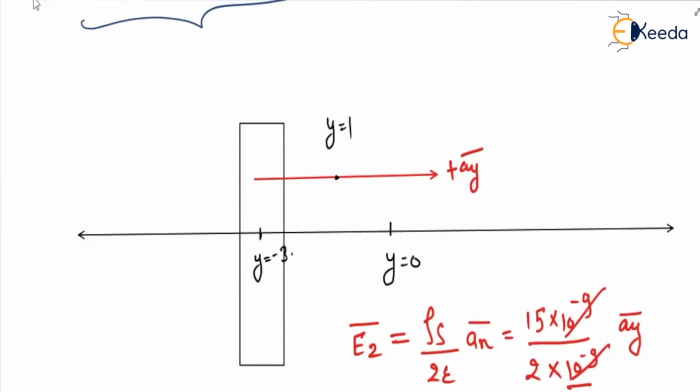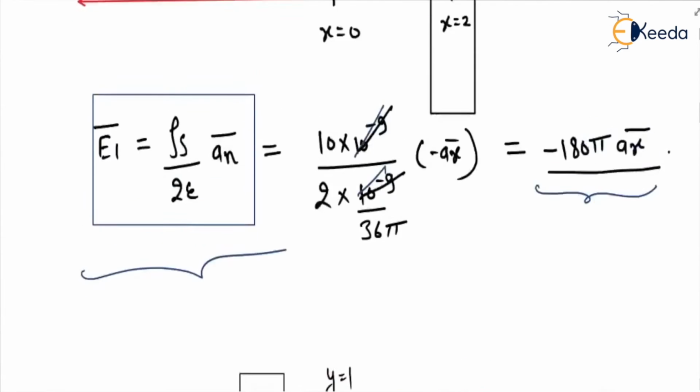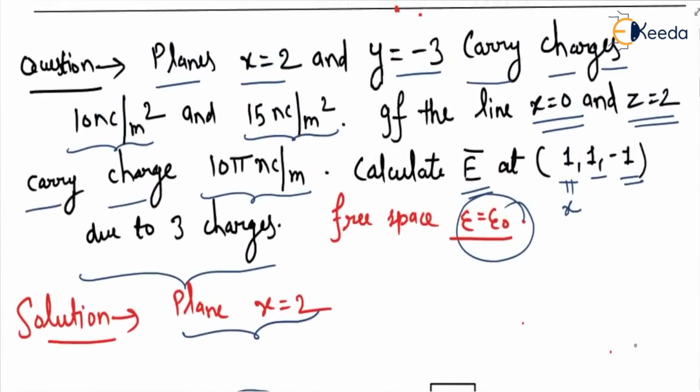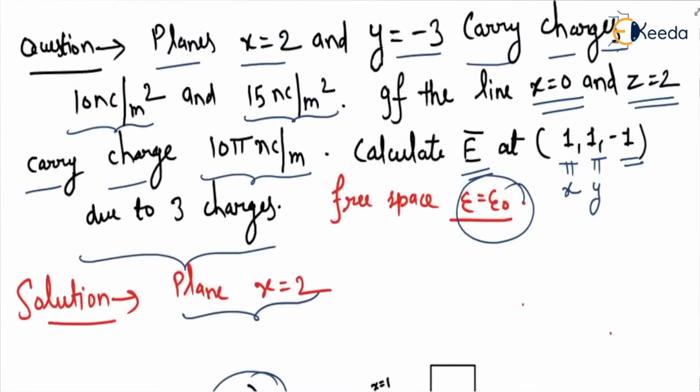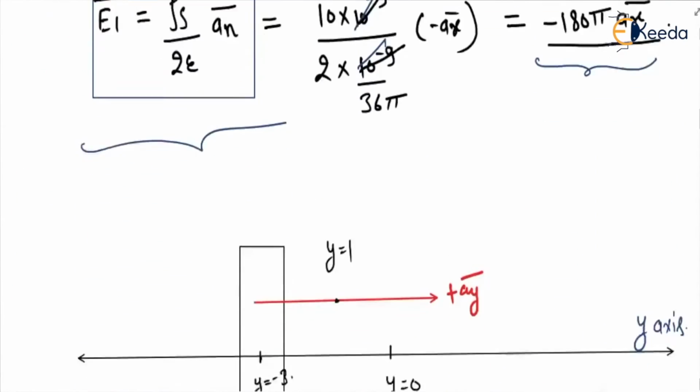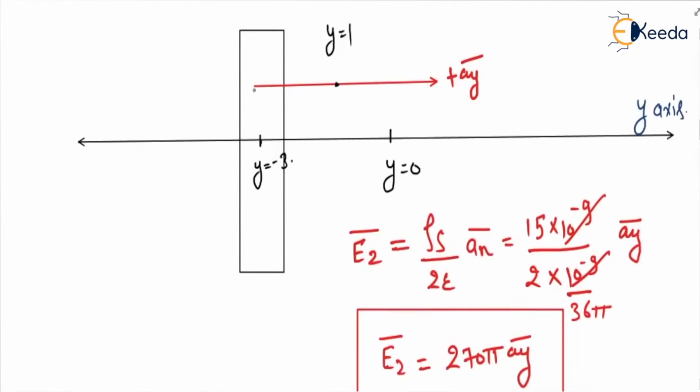The second plane is given at y = -3. Suppose this is the y-axis and this plane is y = -3, and where we want to calculate the electric field, it has y = 1. So this point is on the right side of the plane, and when we join the perpendicular vector, this vector is a_y.